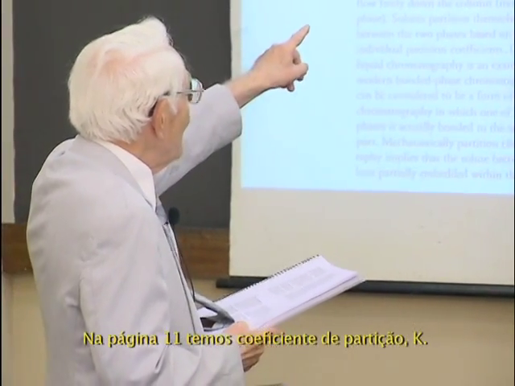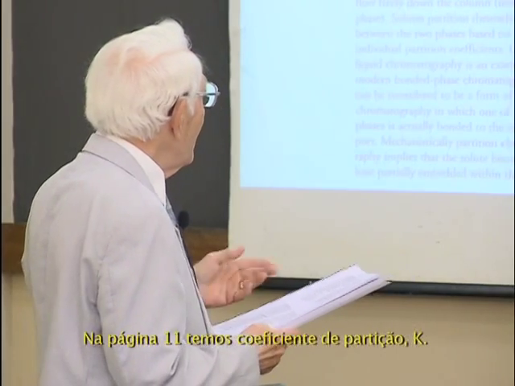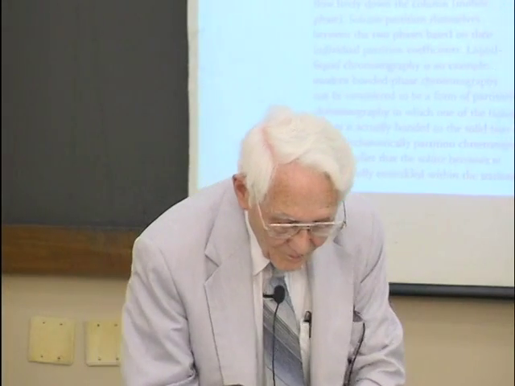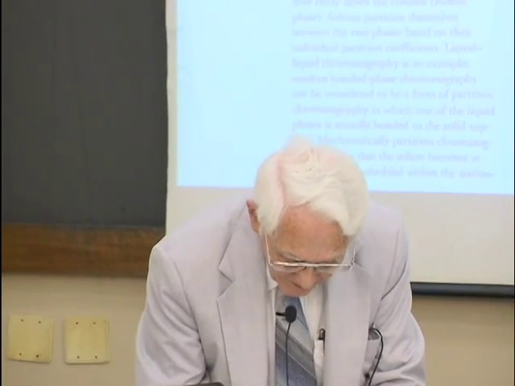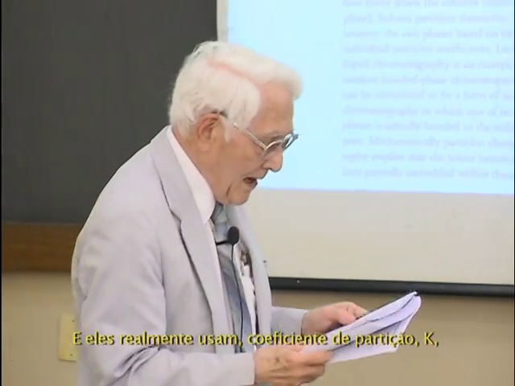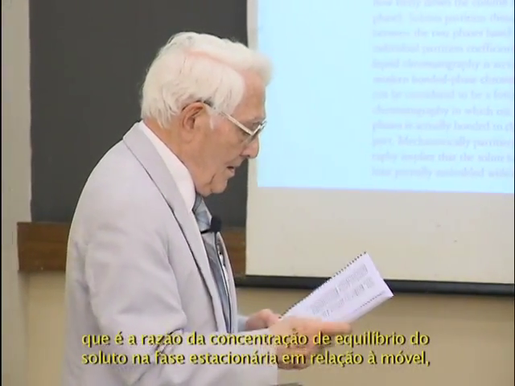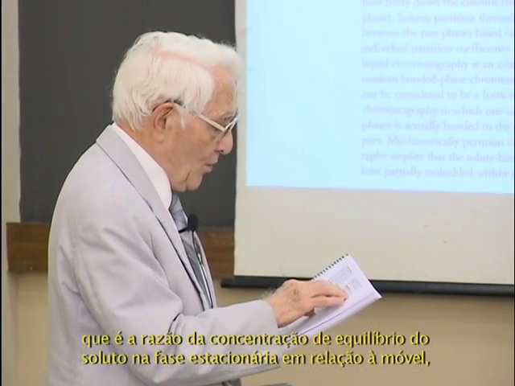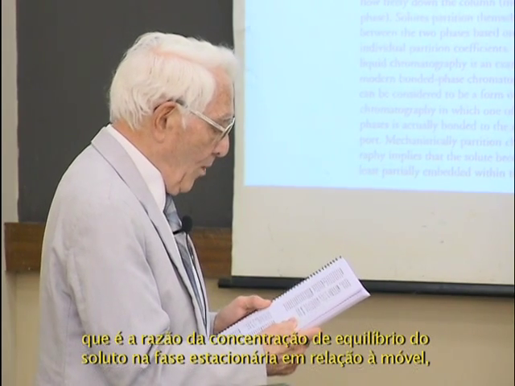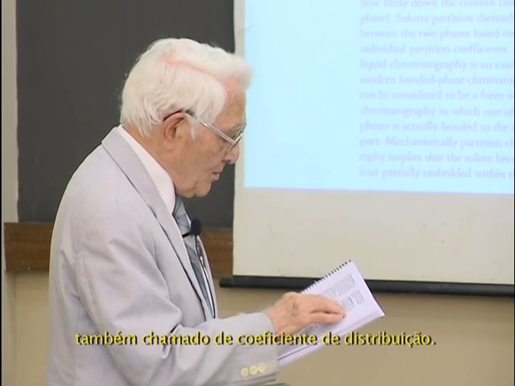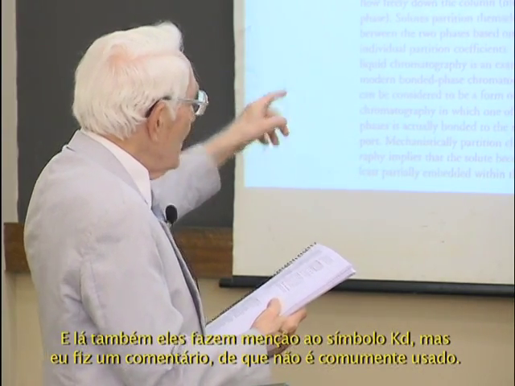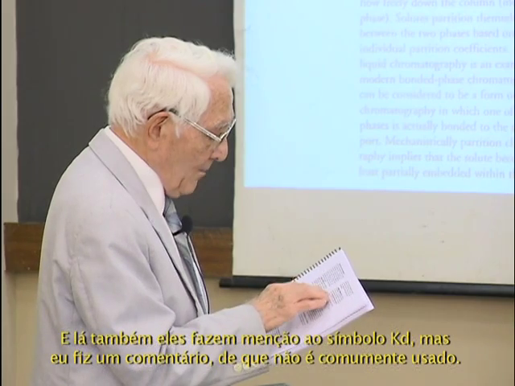Now they do say partition coefficient K. Yeah. Partition coefficient K, the ratio of equilibrium concentration of solute in stationary relative to mobile phase, also called the distribution coefficient, and there they do have the symbol K sub D. But I made the note that that is not commonly used.